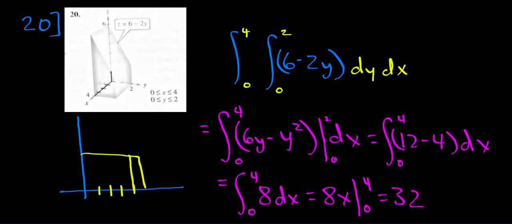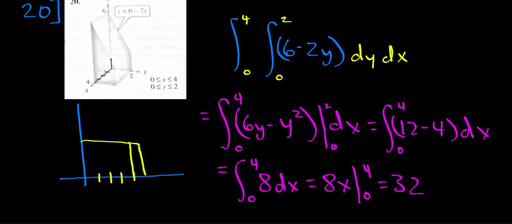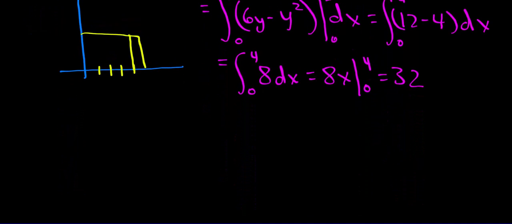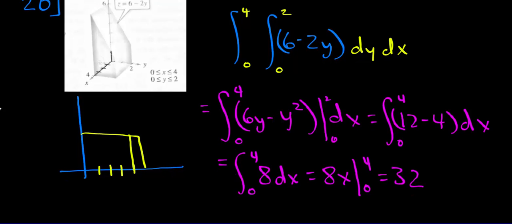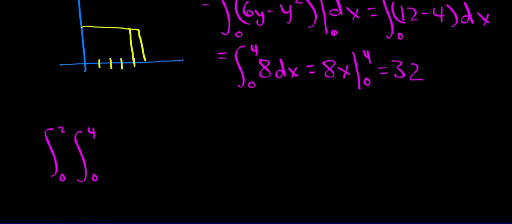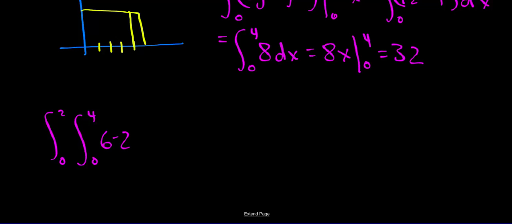Now, if we did it the other way, if we integrate with respect to x first, that would be okay. We would just have x goes from 0 to 2, and then y goes from 0 to 4, and we would have 6 minus 2y. But now we're integrating with respect to x and then y.